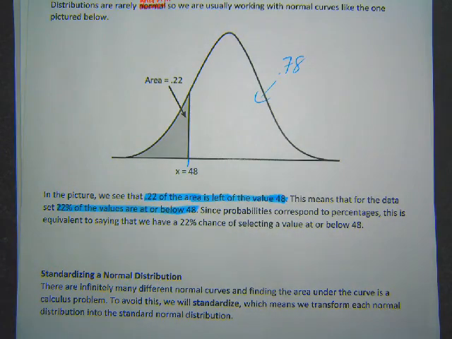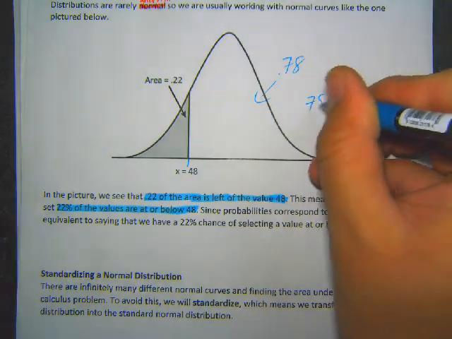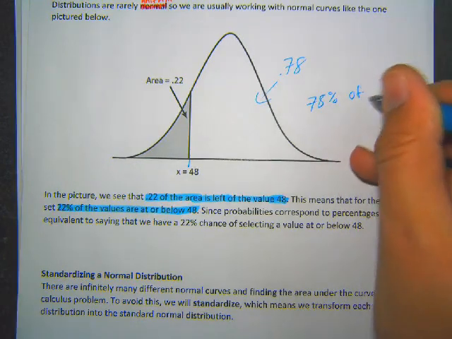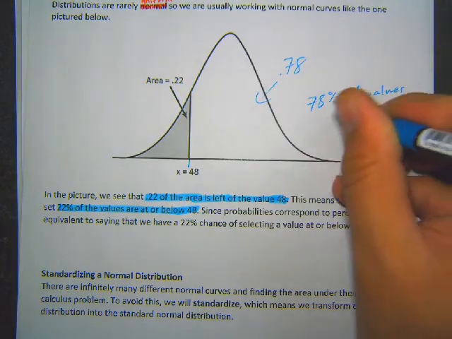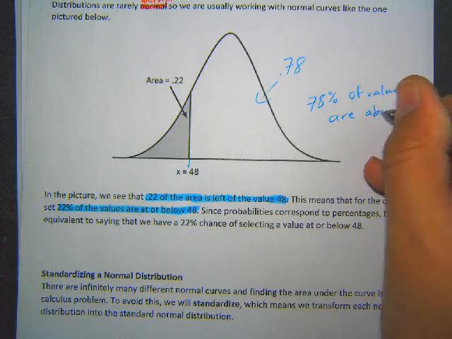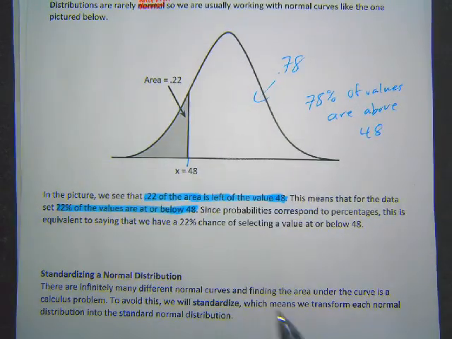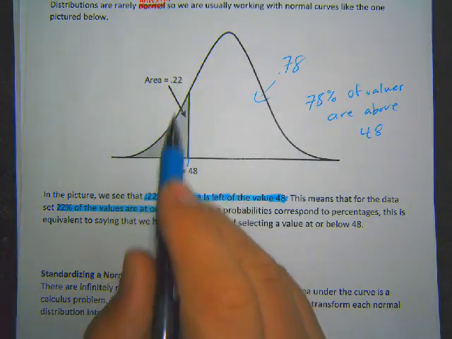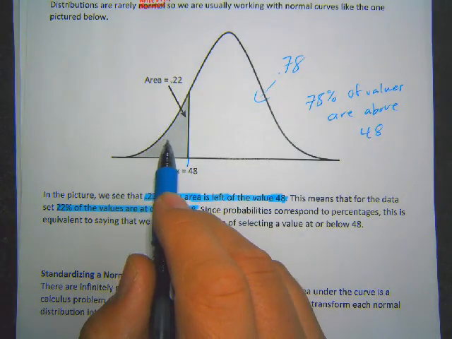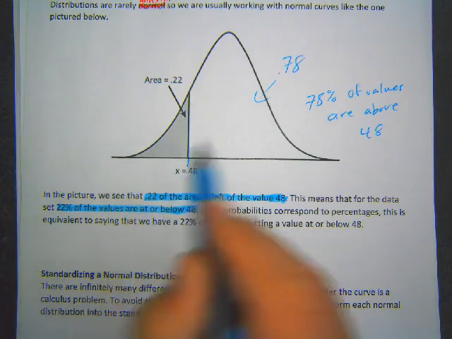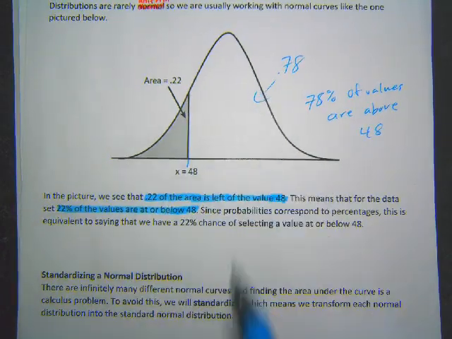Conversely, we can say that 78% of values are above 48. So for this data set, 22% of the surveyed results or whatever were below 48. The other 78% were above 48.